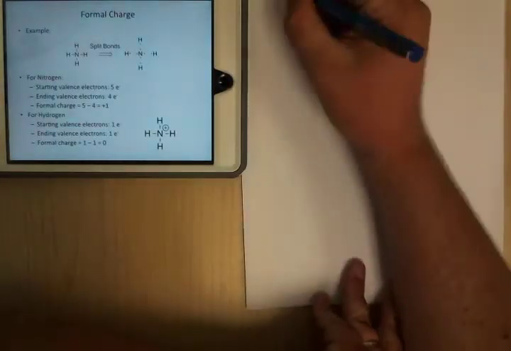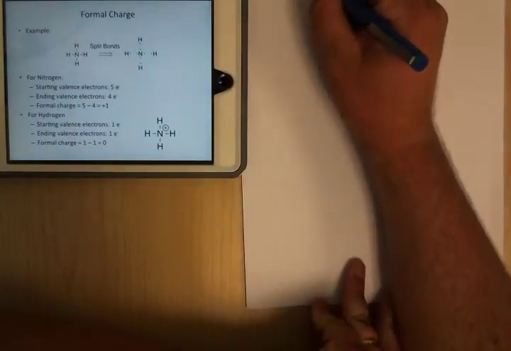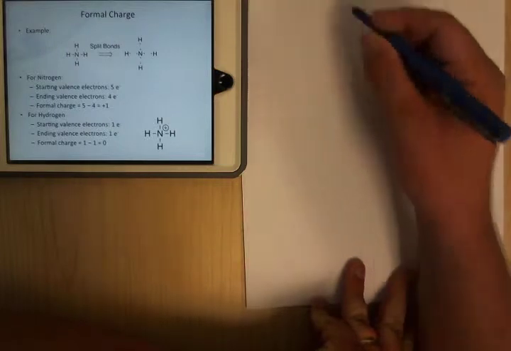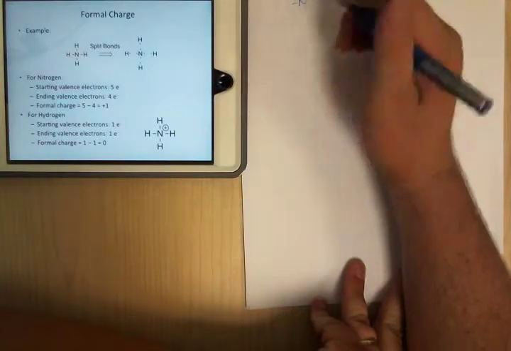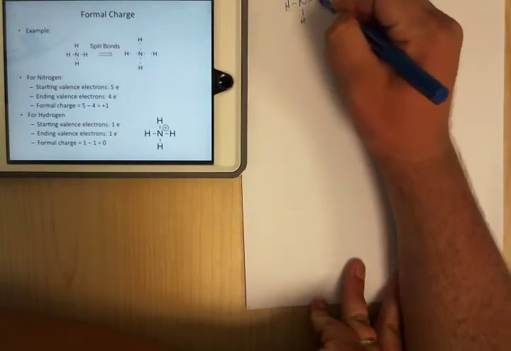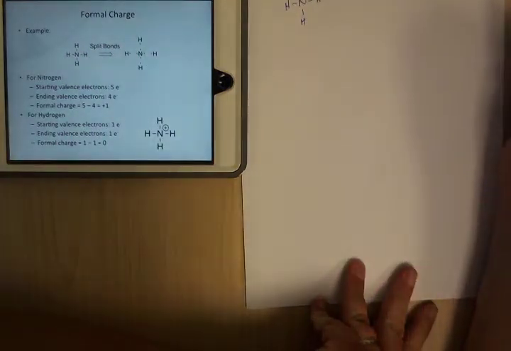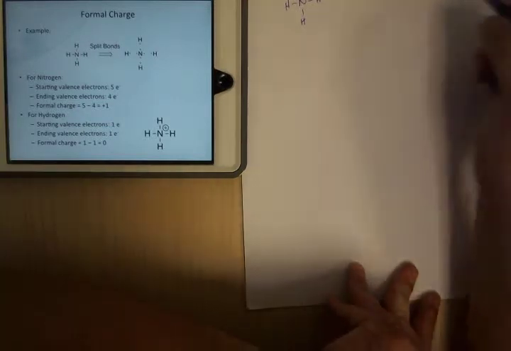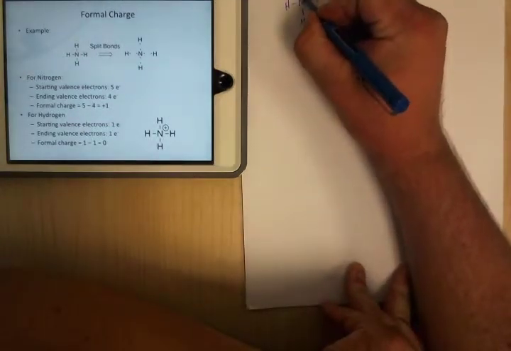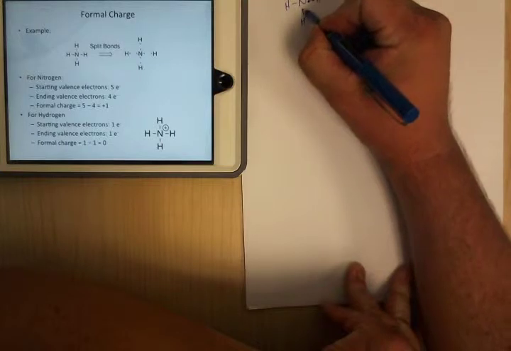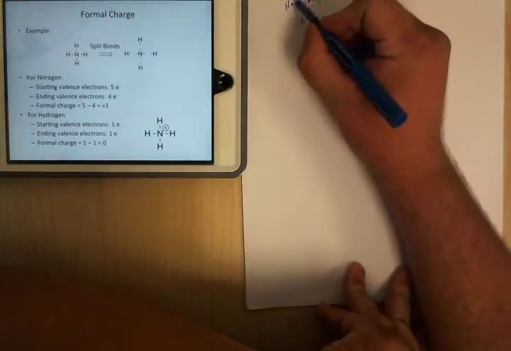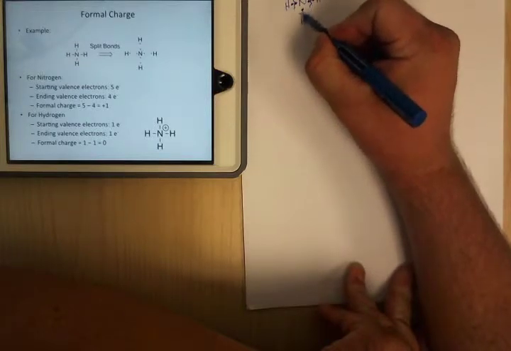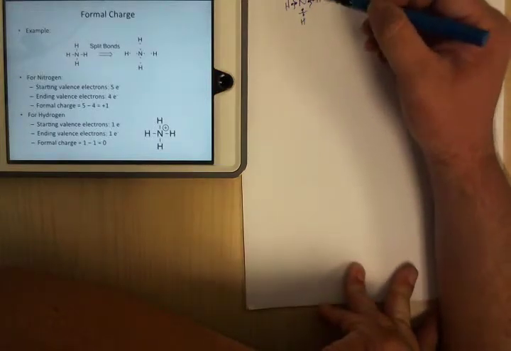Okay, so for formal charge, here's what we do. We take something like ammonium. Remember each bond has 2 electrons in it, so you split it in half, so that one goes with one atom and one goes with the other.